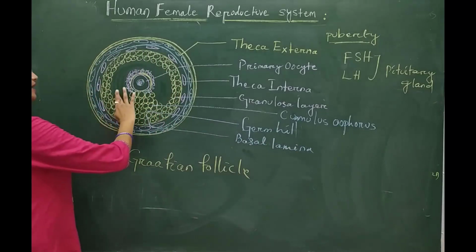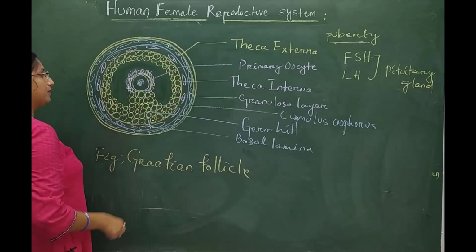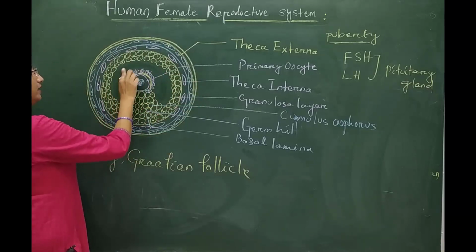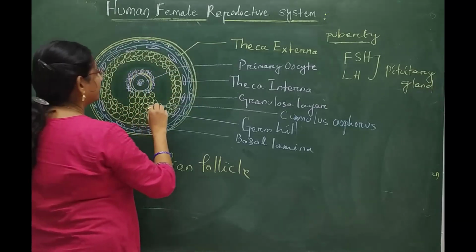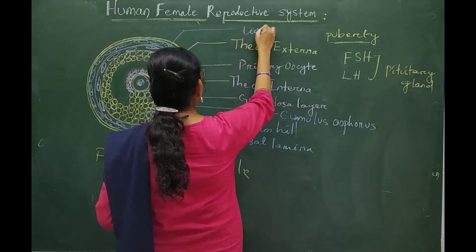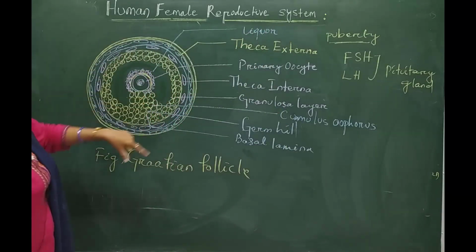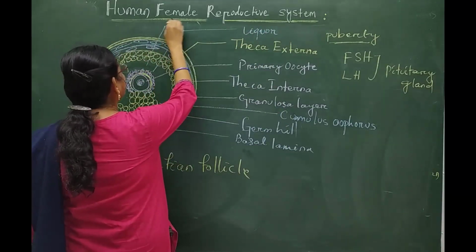The space around the primary oocyte present in the Graafian follicle is filled with a fluid, called liquor, and this space is known as antrum.